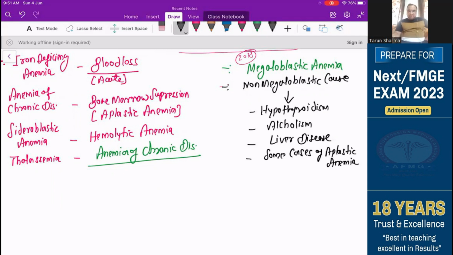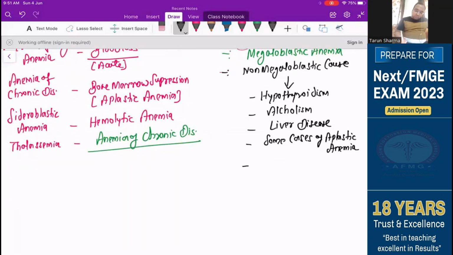Hypothyroidism, alcoholism, and liver disease are the most important, but basically, most cases of aplastic anemia will be in the normocytic category.